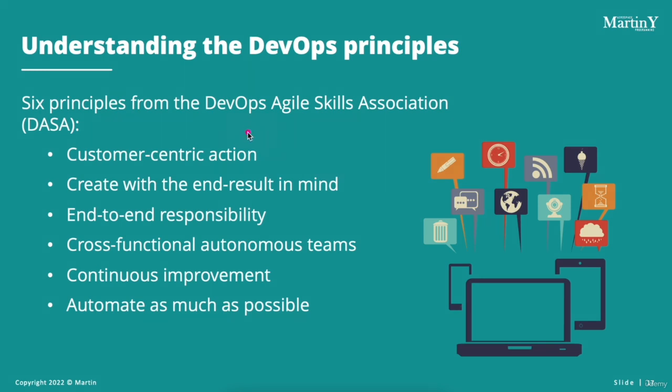In fact, there are 6 DevOps agile principles, and the very first is customer-centric action, which is to develop an application with the customer in mind: what they need and what they expect in terms of functionality. There is also the concept of domain-driven design, which contains good practices and ideas.